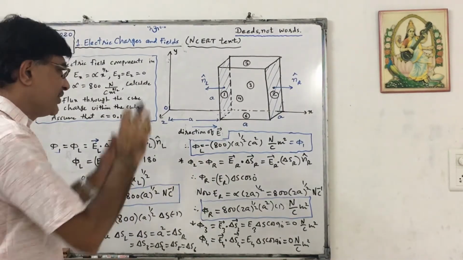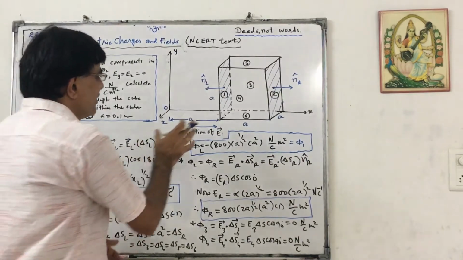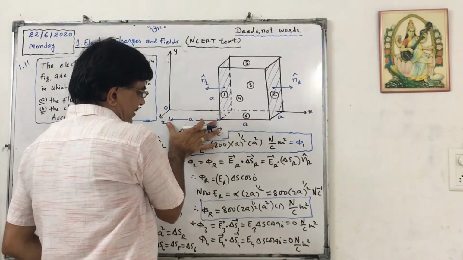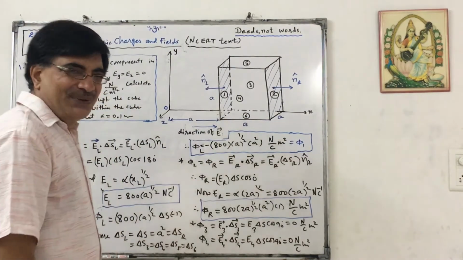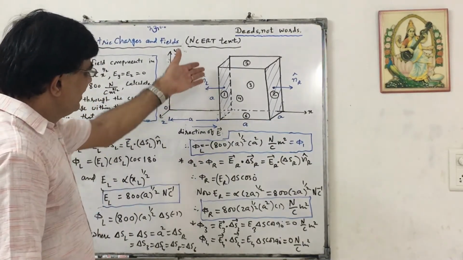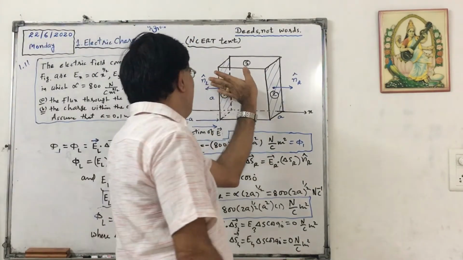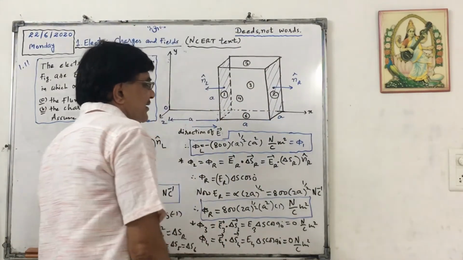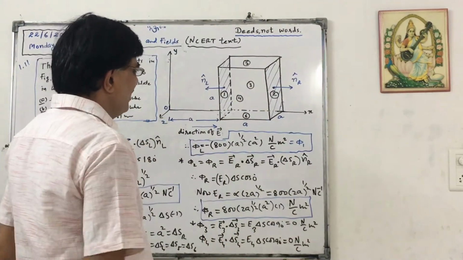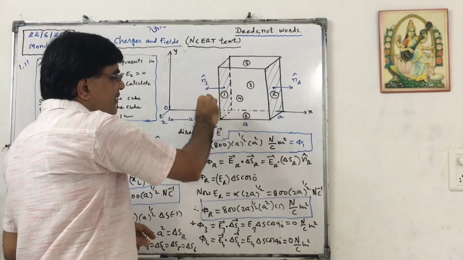Now, first of all, this figure is given in the data. This distance is also a, equal to the size of the cube. They have also given the unit vector in this direction as n left cap and in this direction as n right cap. Everything is given.